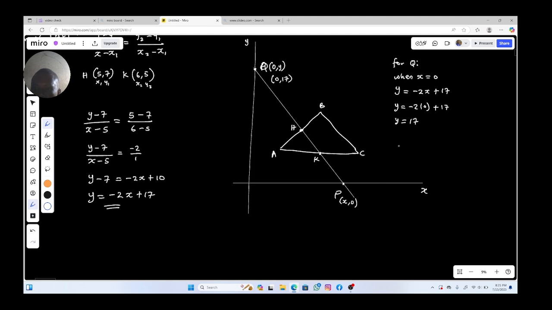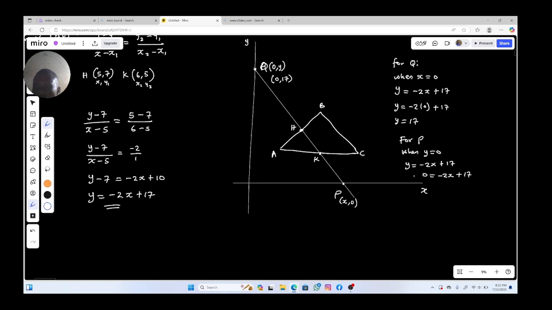So for P, you now say when y is 0, we use our formula, which is y equals minus 2x plus 17. y is 0 already, so we replace it with 0. So we have 0 is equal to minus 2x plus 17.